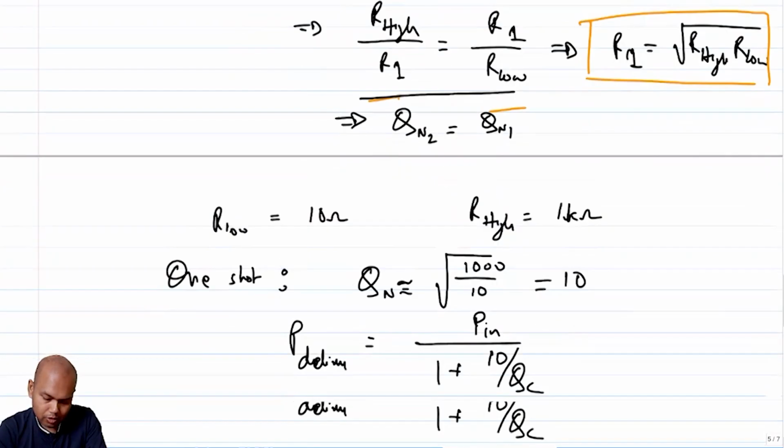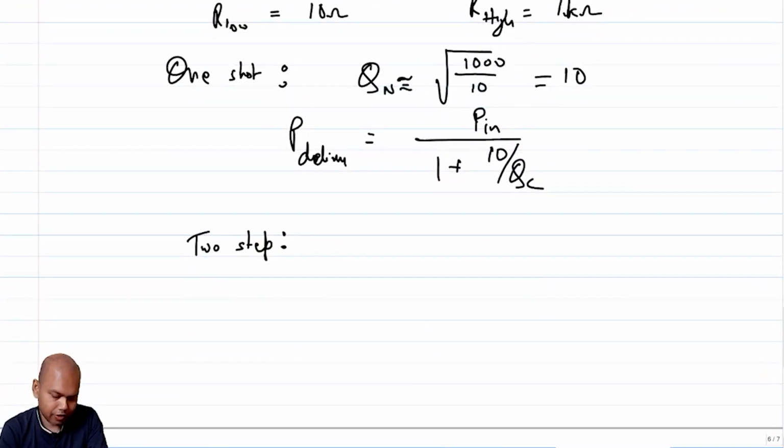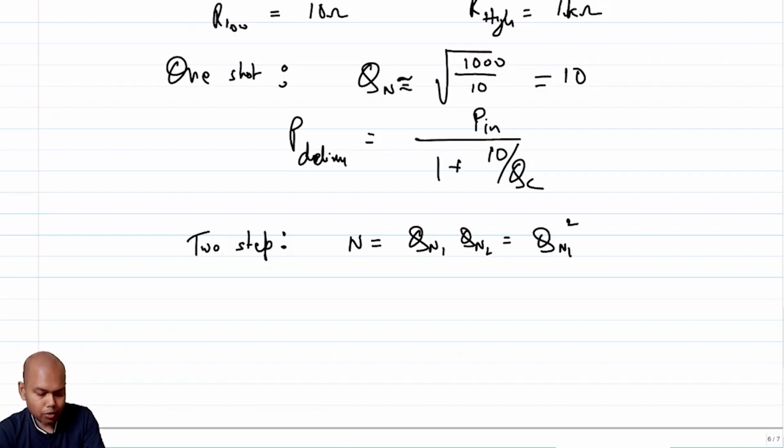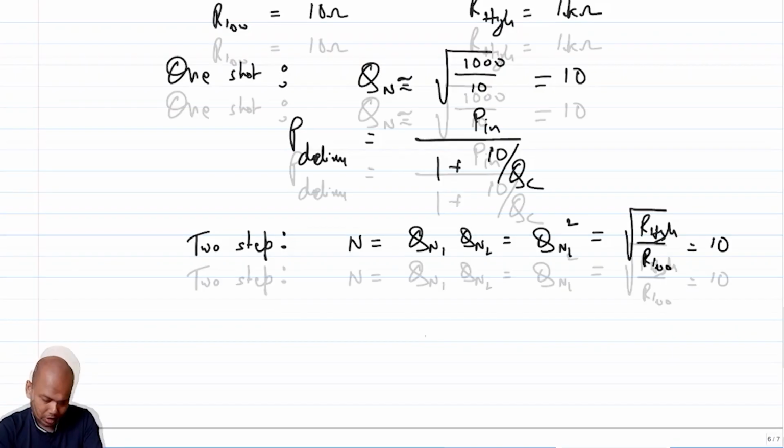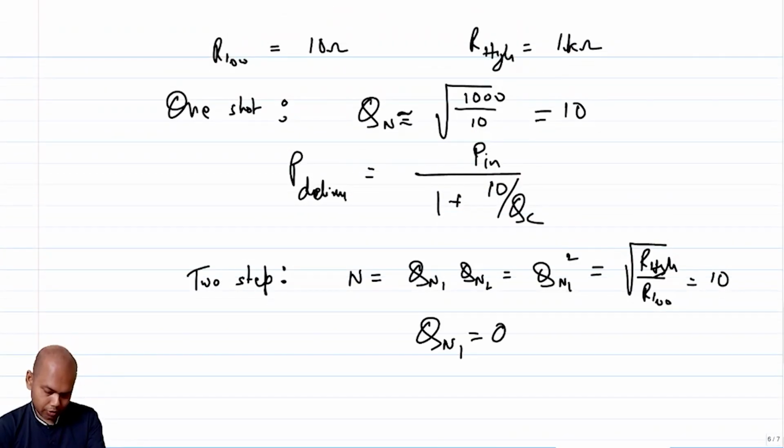So if I do it in 2 steps, I know that my turns ratio is essentially qn1 times qn2, which is qn1 squared, which I want to be 10, because my turns ratio is the square root of r high by r low. So this is essentially r high by r low, which I want to be 10, correct? Which naturally means that qn1 equal to qn2 is the square root of 10.